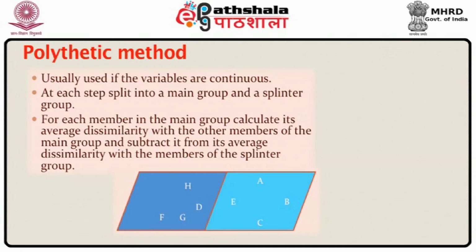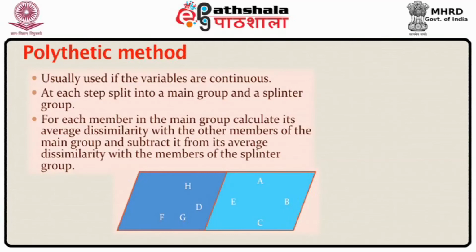What we can see is that if we are looking at B, in that case its average with A, E and C would be small compared with its average distance from D, H, G and F. So if we take the difference, it's primarily going to be negative.